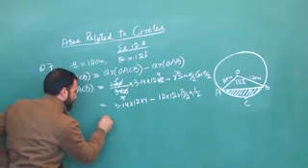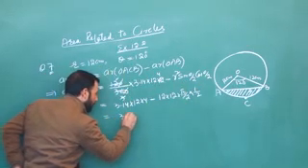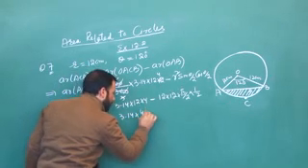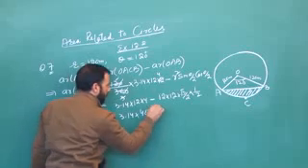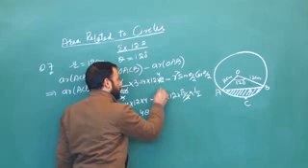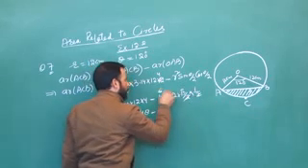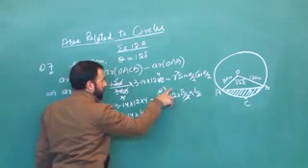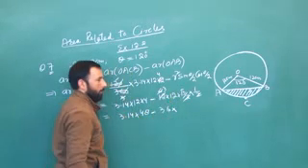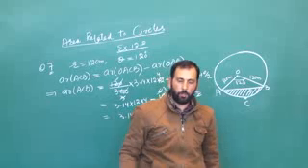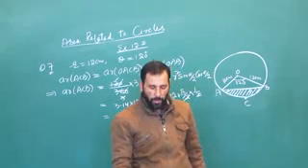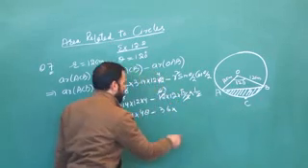Here it is 3.14 into 12 into 4, which is 48, minus 144 into square root 3 by 4. This simplifies to 36 into square root 3. The value of square root 3 is given in the question as 1.73.